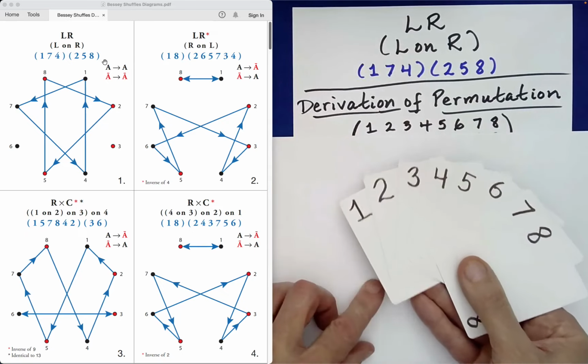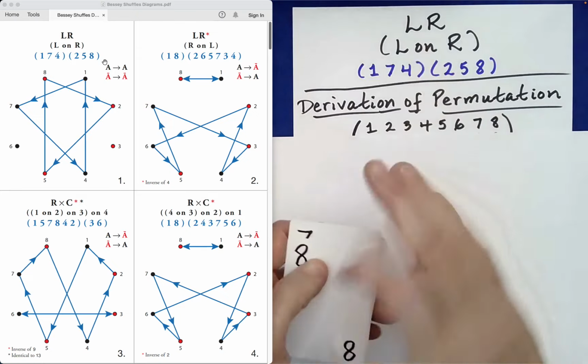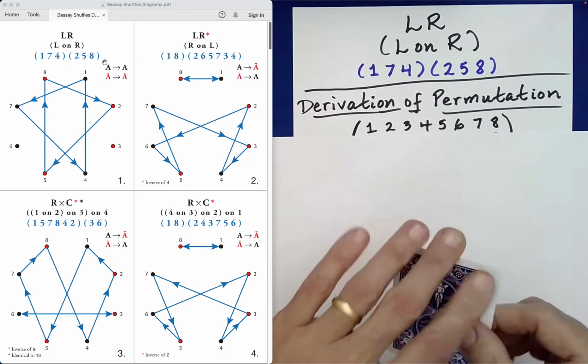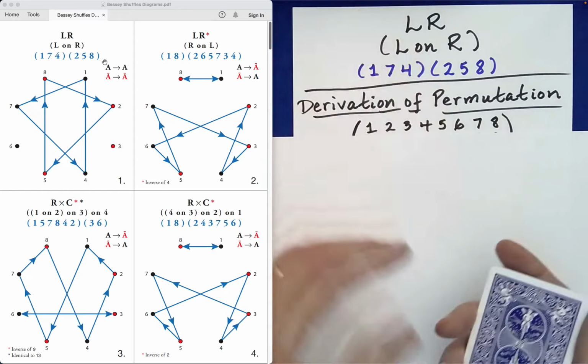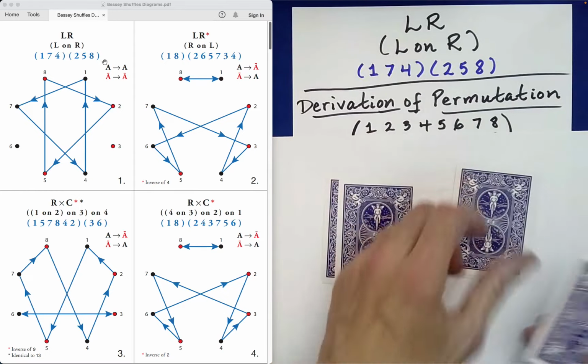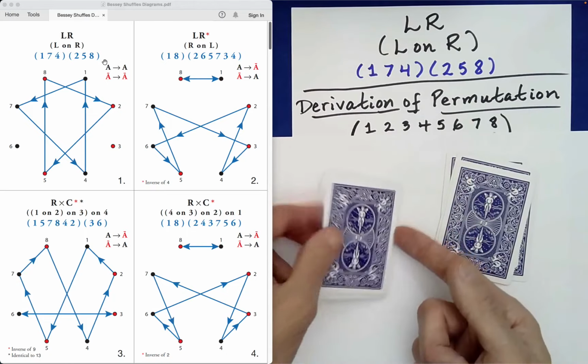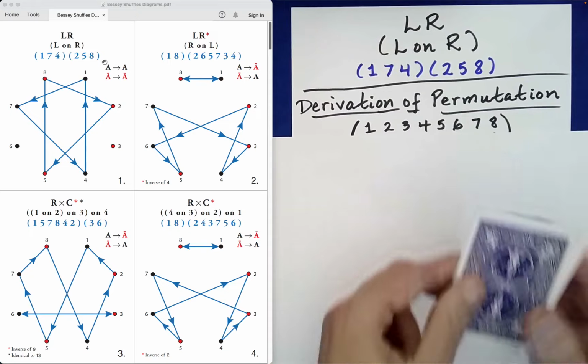Now, to find the permutation associated with that shuffle, you turn the cards over and perform the shuffle. So we're going to do a left-right with stacking left pile on top of the right. Very good. That is the shuffle.